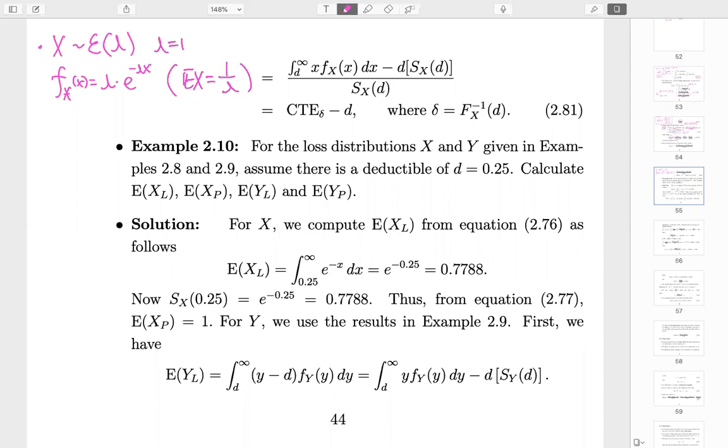Okay, the second distribution we consider is for Y. Y follows a log normal. This is the notation from the textbook. My notation is to add another calligraphic N to denote this is log normal.